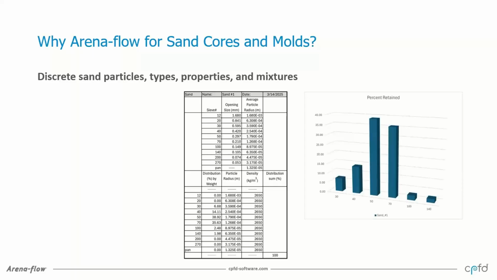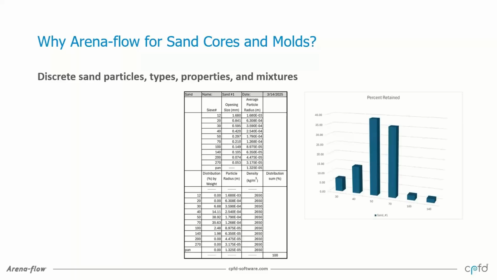But again, for those that are new to ArenaFlow, a few reasons why ArenaFlow is a tool of choice for sand cores and molds. And the first, and one of the most important, is the discrete sand particles. The sand in ArenaFlow is not assumed to be a continuous media. It's not a modification to a CFD code for a liquid.